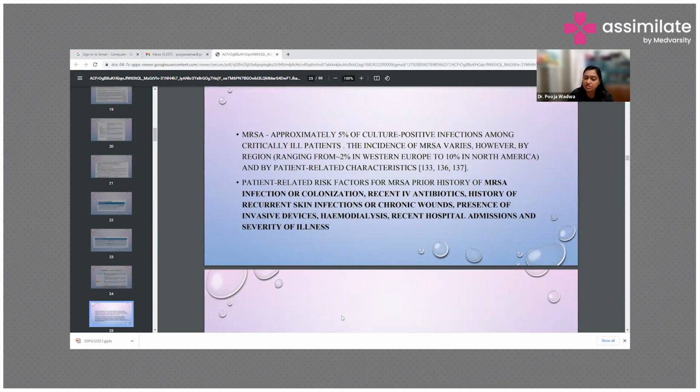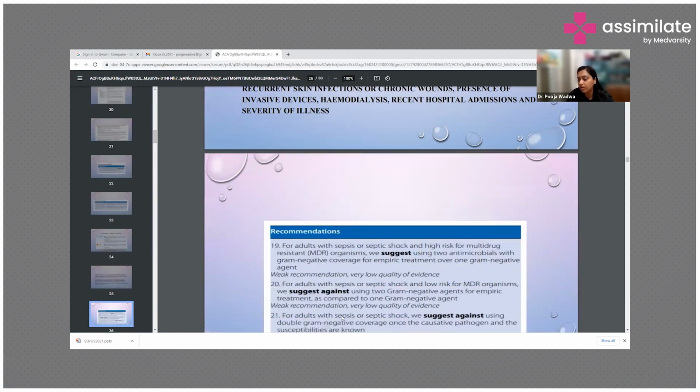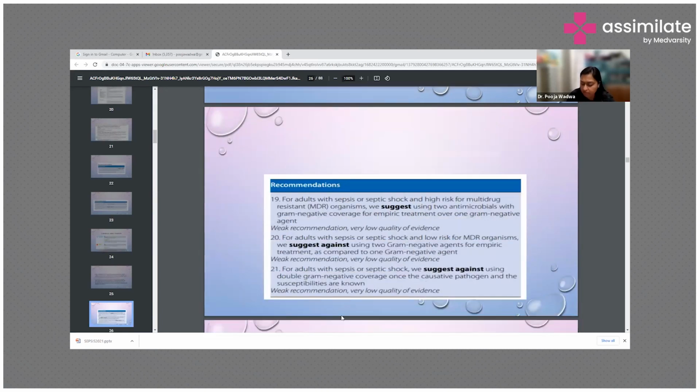Because if they are very sick, there is high probability that they'll be having a number of invasive lines, which will increase their risk of having colonization or infection with MRSA.